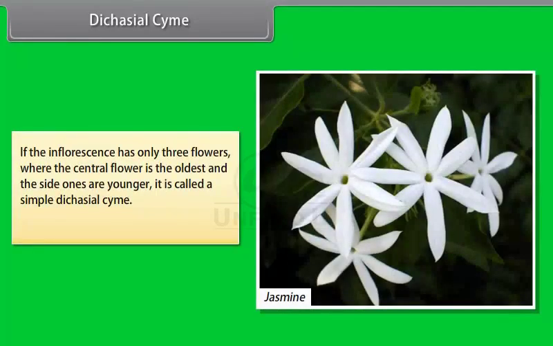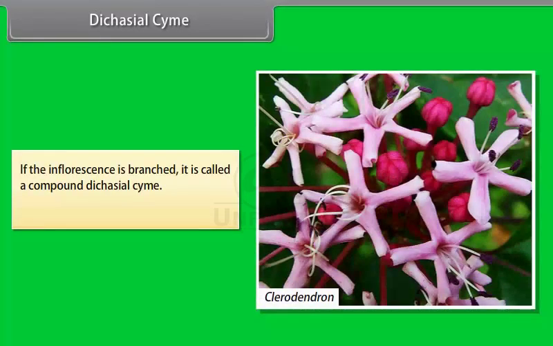If the inflorescence has only 3 flowers, where the central flower is the oldest and the side ones are younger, it is called a simple dichasial cyme. Example, jasmine. If the inflorescence is branched, it is called a compound dichasial cyme. Example, Clerodendron, Ixora. Polychasial cyme.